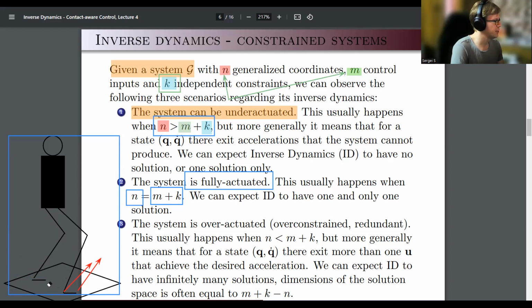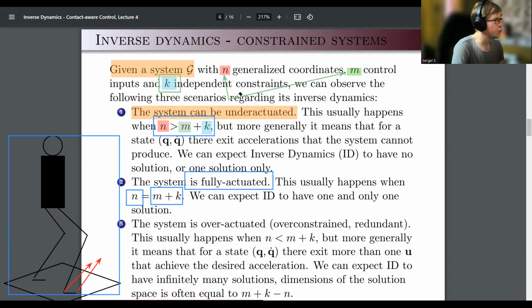Imagine one of the legs is lifted off the ground. The other one would have 6 linearly independent constraints, and the whole robot would have the exact same number of degrees of freedom as the number of motors plus the number of constraints. Right? That is a possible scenario. Fully actuated. Right? Fully actuated is like the KUKA robot.